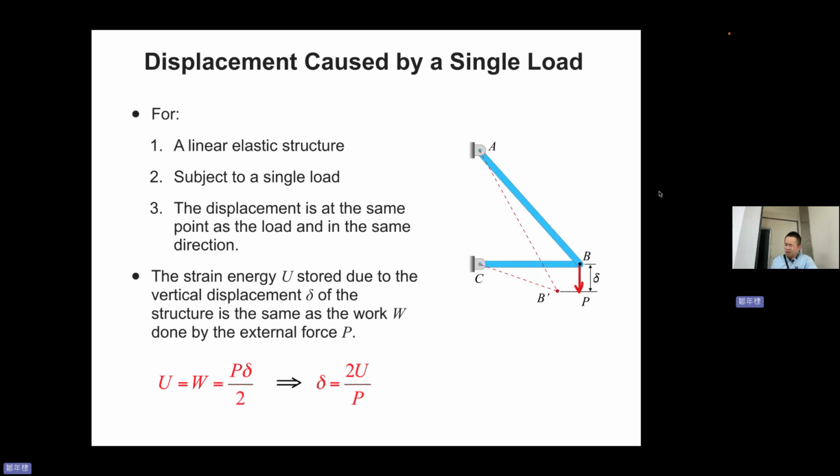So maybe you think, I know that already, but I just want to let you know that if the problem is in a relatively simple structure, you can obtain your deformations directly from the strain energy. Okay, although maybe you don't understand this, but it's okay. I will give you an example later.